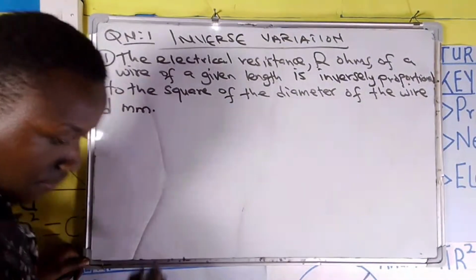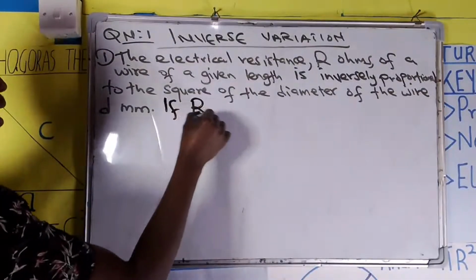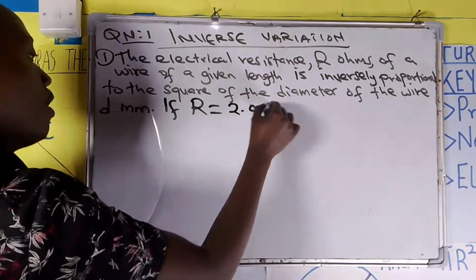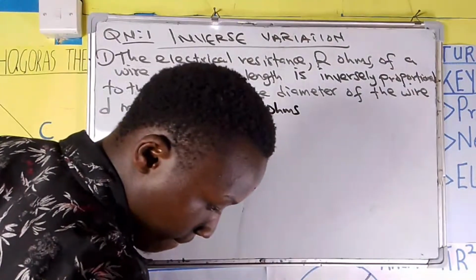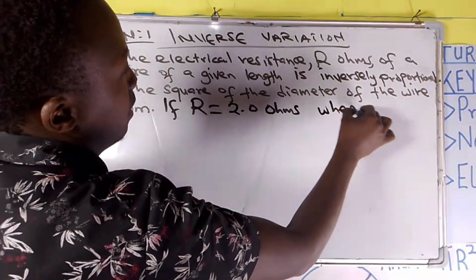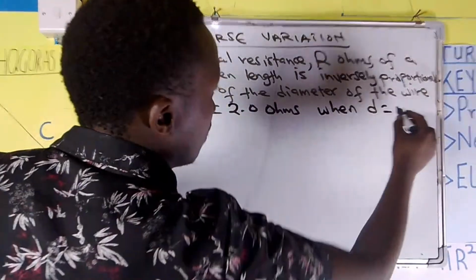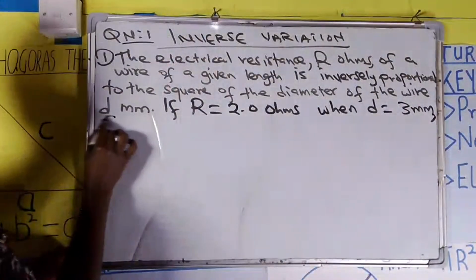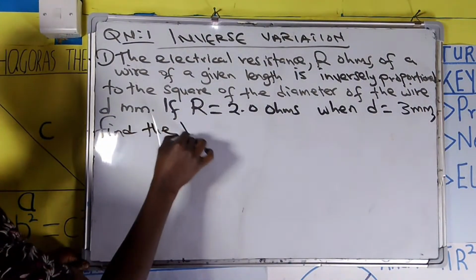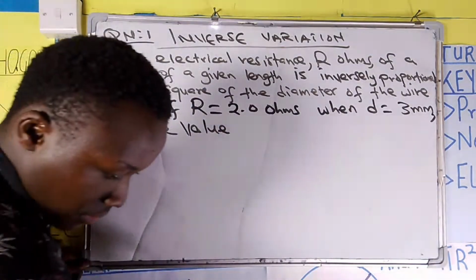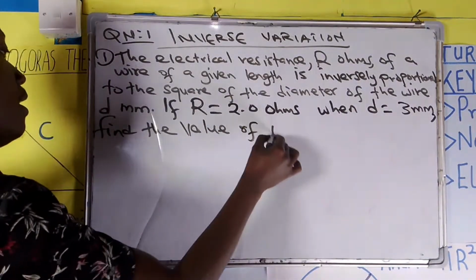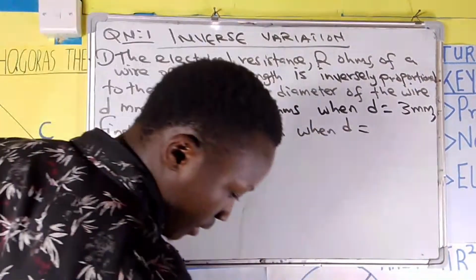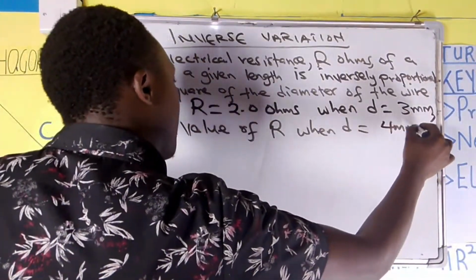If R is equal to 2.0 ohms when D is equal to 3 millimeters, find the value of R when D is 4 millimeters.